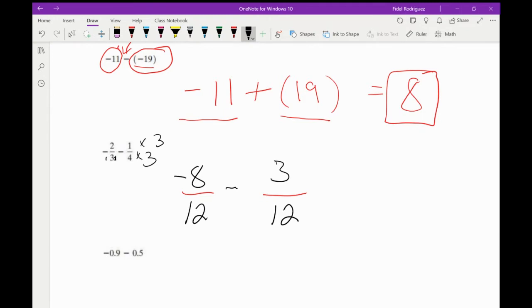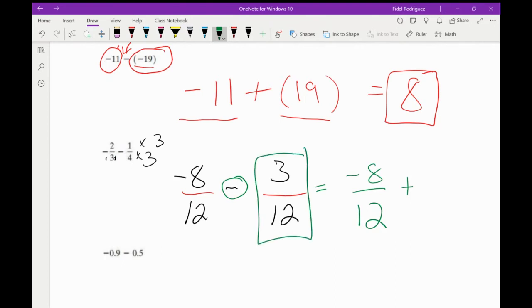Just like we said earlier, guys, remember, the first number is going to stay the same. So I'm going to leave my minus with my 8 over 12 right here. This subtraction sign becomes a plus. The sign of this number needs to change. So if I look on the inside, because I don't see anything in front of that 3, it's supposed to be a positive 3.